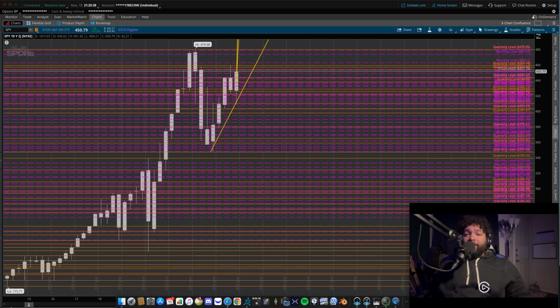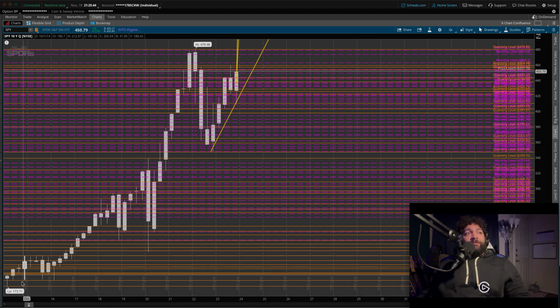It looks like a hot mess. It really does. Nothing compared to what I'm about to show you on ES. But as you can see, I've gone through and I've done all of these levels, and I'm telling you, it really, really pays off. The reason I have these trend lines right now is because of the trading that we've been doing recently.